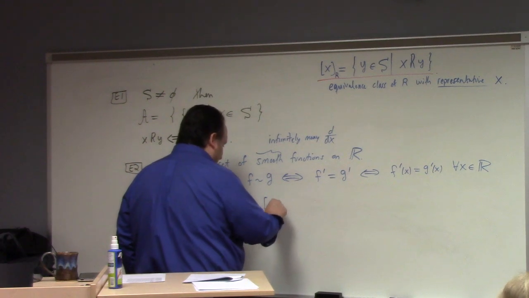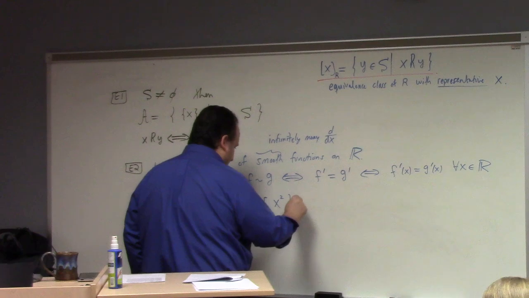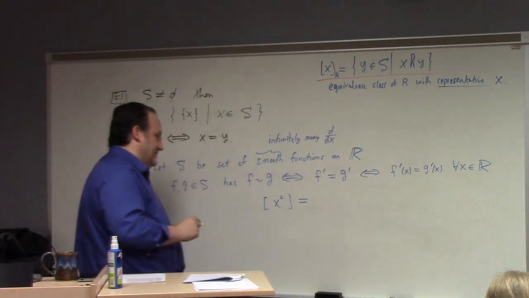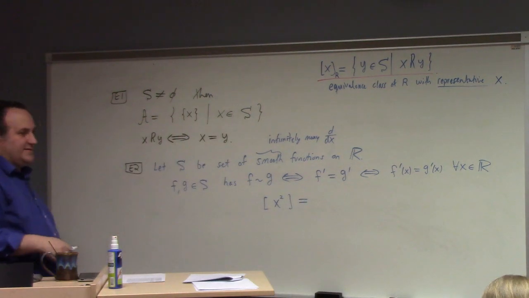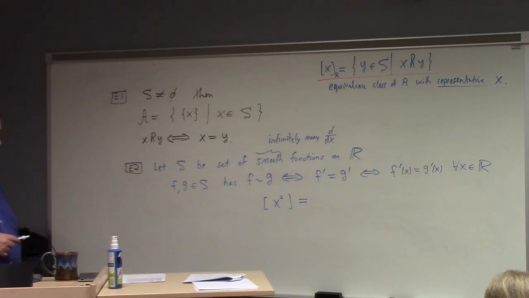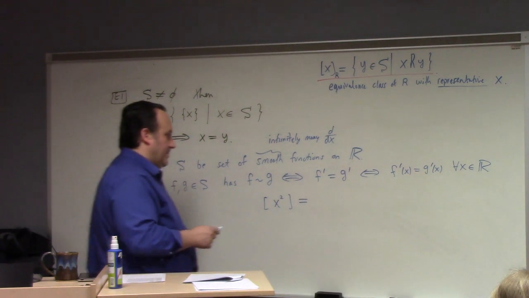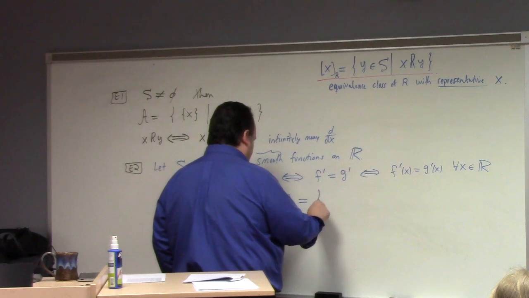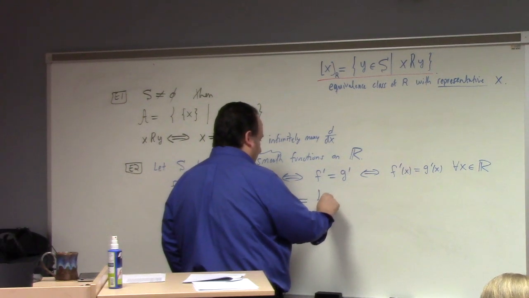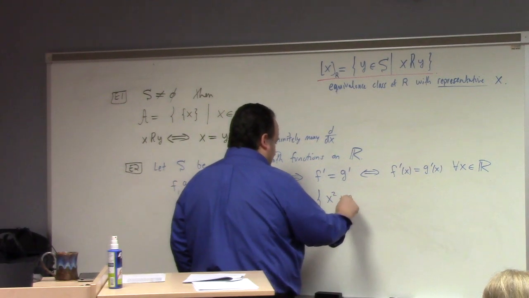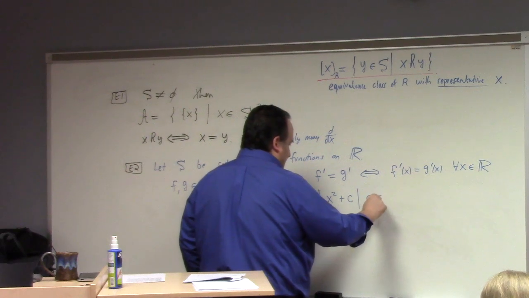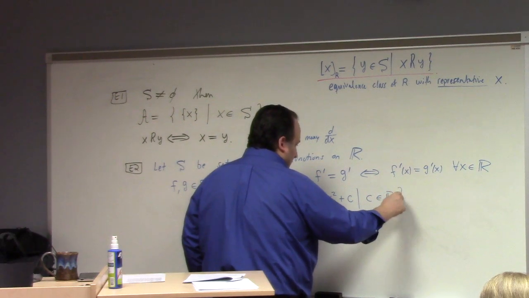So x squared: what's the equivalence class containing x squared? How about this? Anything of the form x squared plus c, such that c is a real number.